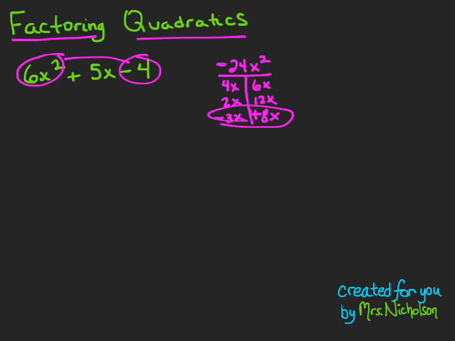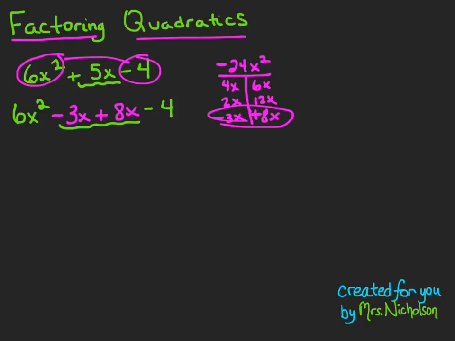And I'm going to come back over here to my quadratic and rewrite it, keeping the 6x squared, but instead of 5x, I'm going to put minus 3x plus 8x. And then I'm going to keep the minus 4 at the end. So in that step, what I did is I replaced 5x with negative 3x plus 8x.